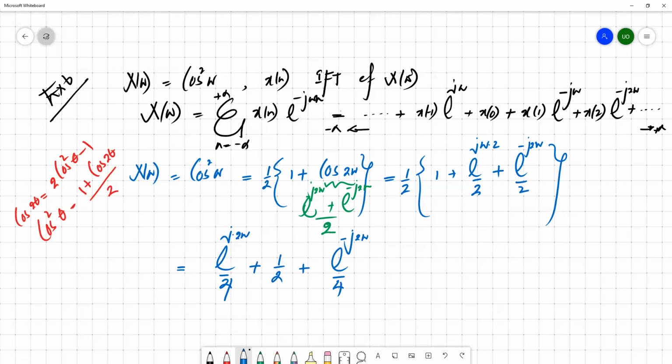Ultimately you convert your Fourier transform expression into three exponential terms.